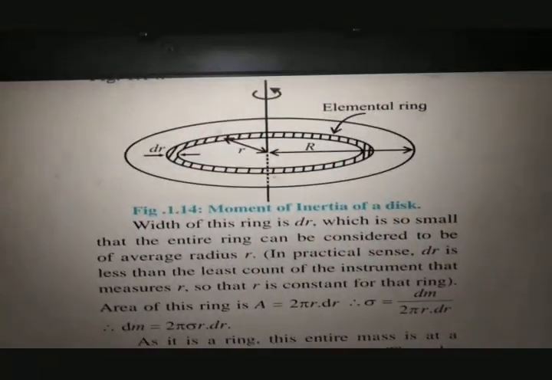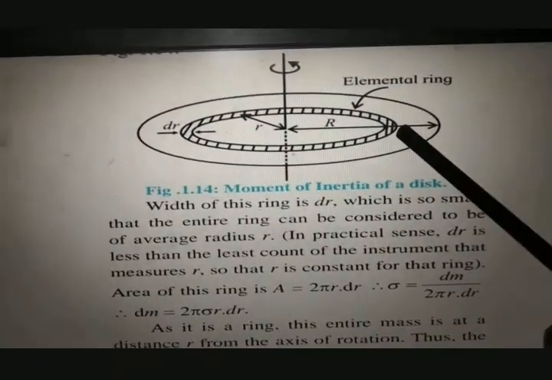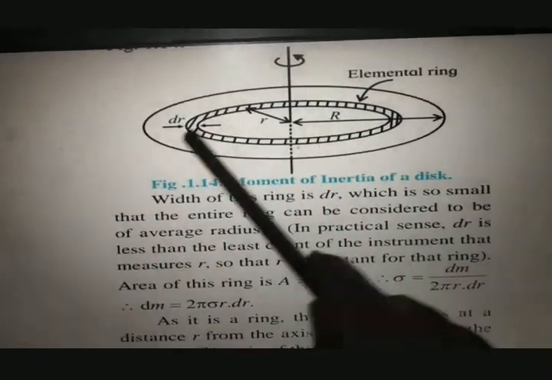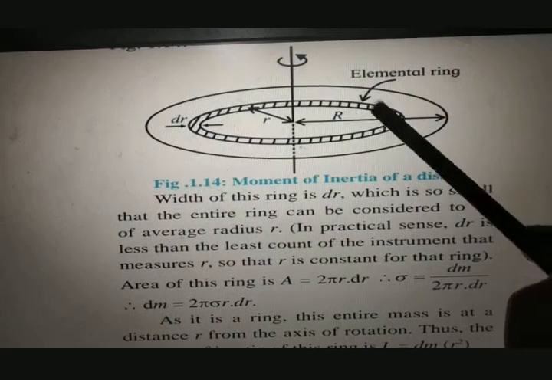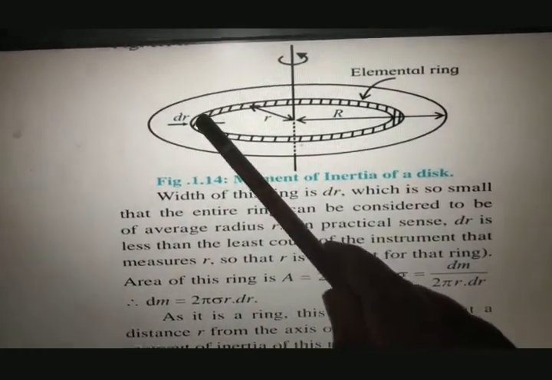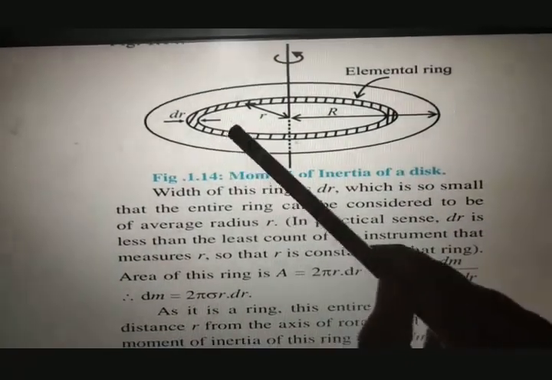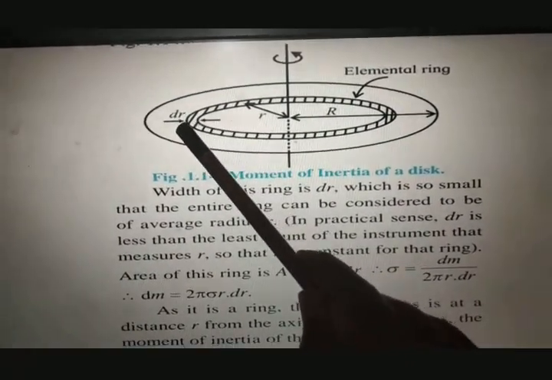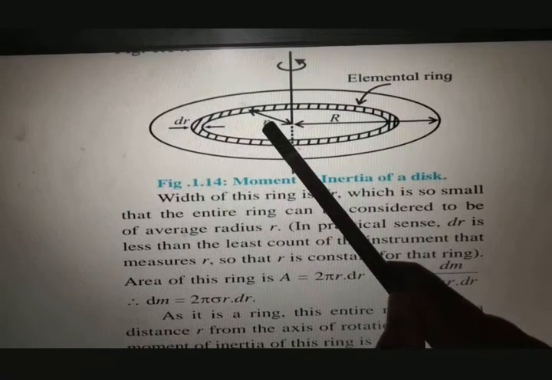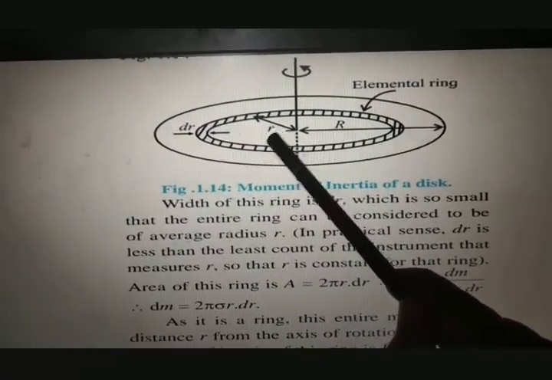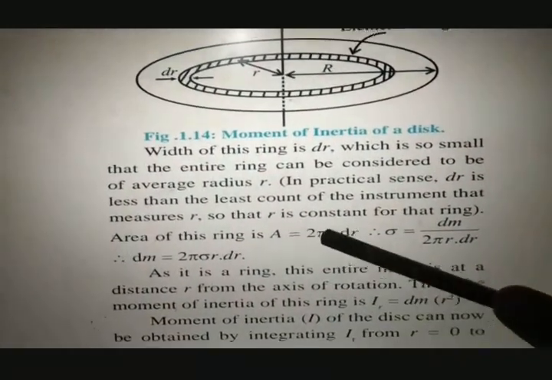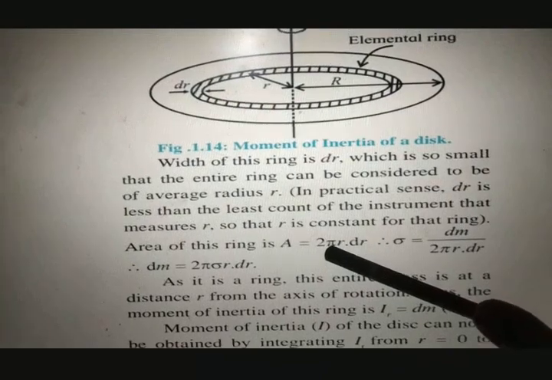Now if you consider this disc, the disc will have a number of concentric circles. Just consider one concentric circle whose thickness is dr and whose radius is smaller. What will be the area of this concentric ring?